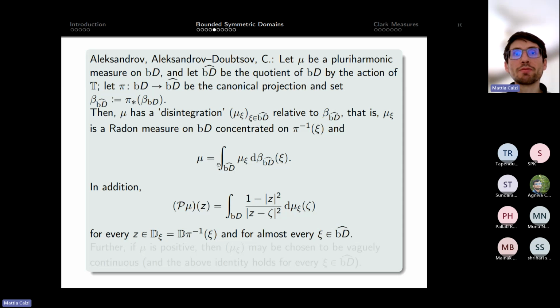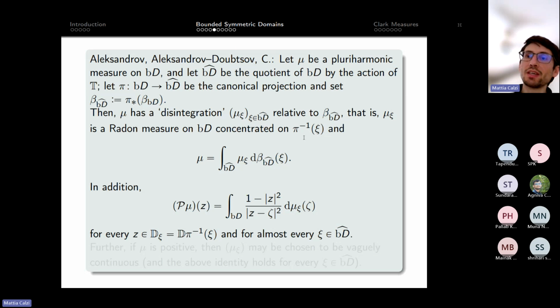And you have this integration. So you may write mu as the integral of these measures mu psi, each of which is supported on the torus in the direction psi.